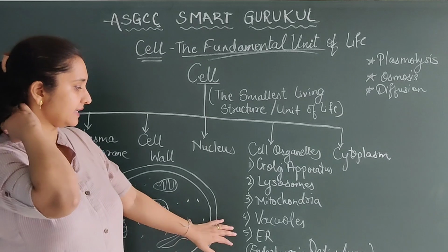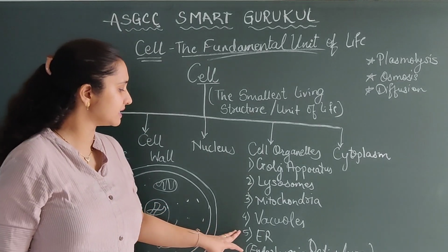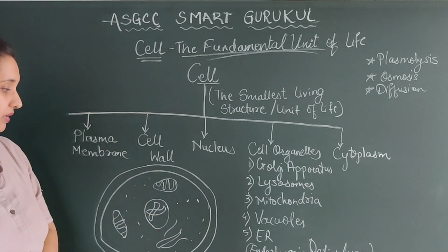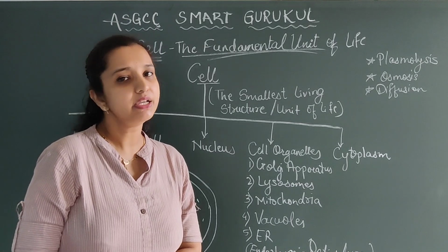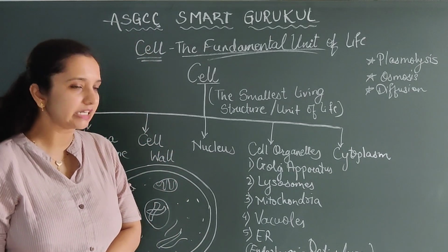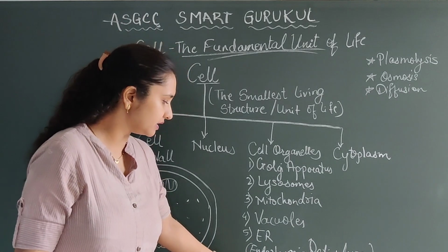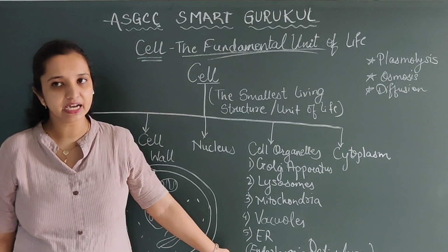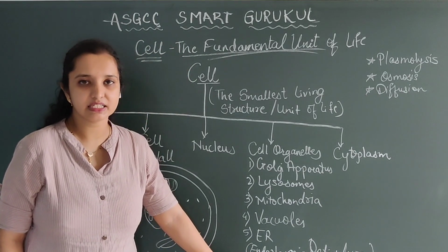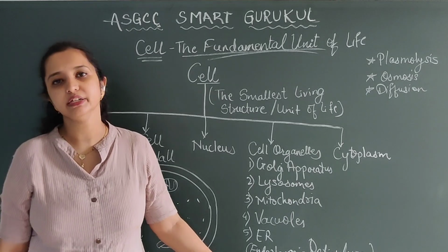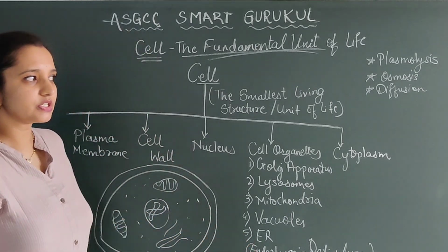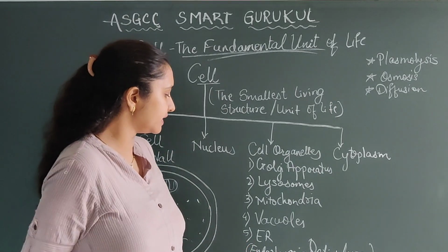Okay. Next important cell organelle is ER, endoplasmic reticulum. What it is? Endoplasmic reticulum. There are two types of endoplasmic reticulum. One is rough endoplasmic reticulum, that is called as RER, and another is SER, that is smooth endoplasmic reticulum. Now what is the function or what is rough endoplasmic reticulum?